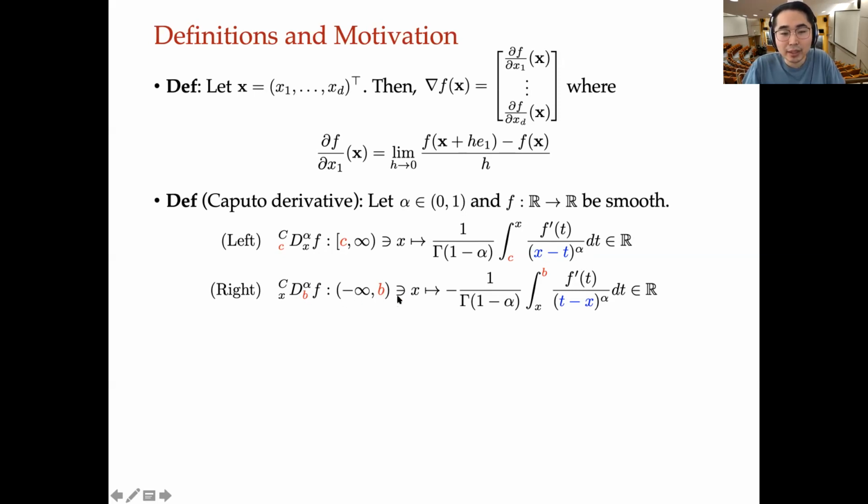It is quite important, when you define the Caputo fractional derivative, whether you are evaluating from the left or from the right. The same principle applies, but you have the minus sign up front, the integral terminal appears above, and the parenthesis is always positive, so it is t minus x. These are just the definitions of how the Caputo fractional derivative is defined.